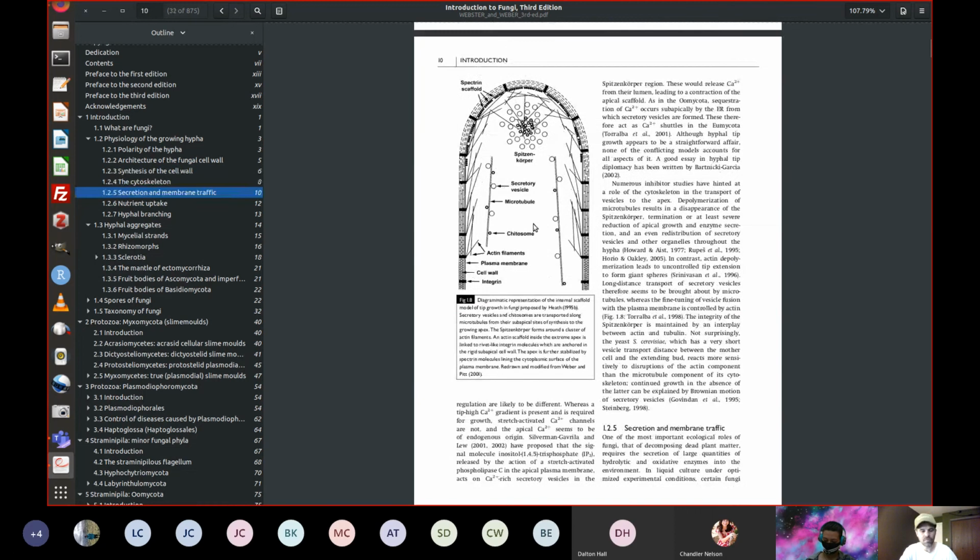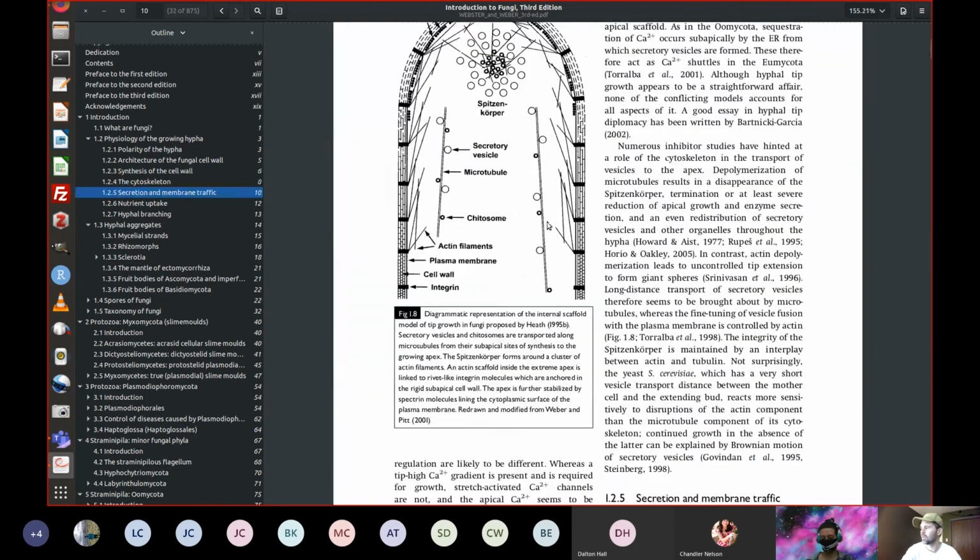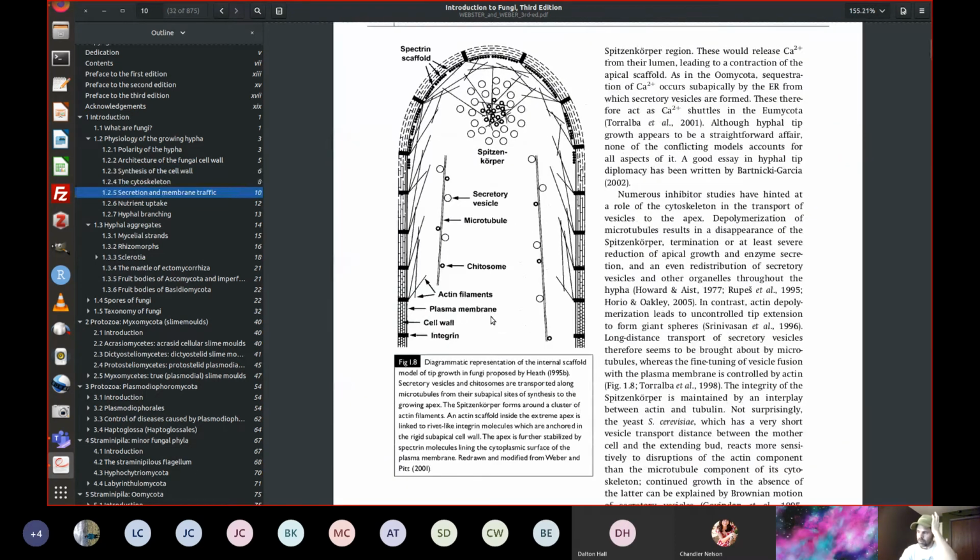Yeah, so this image is showing you the chitin here. And it's showing you that before it's cross-linked, down here, it has integrin proteins stuck through it to help make it more rigid.